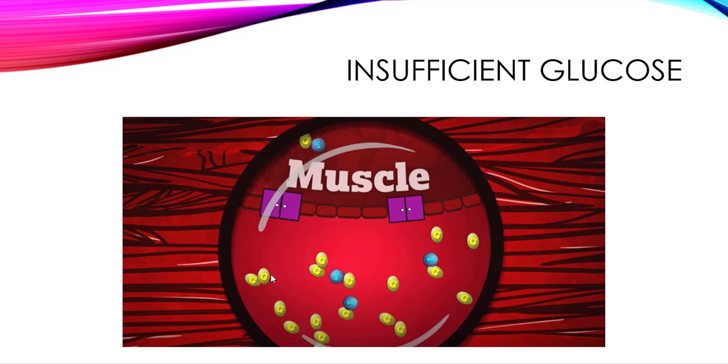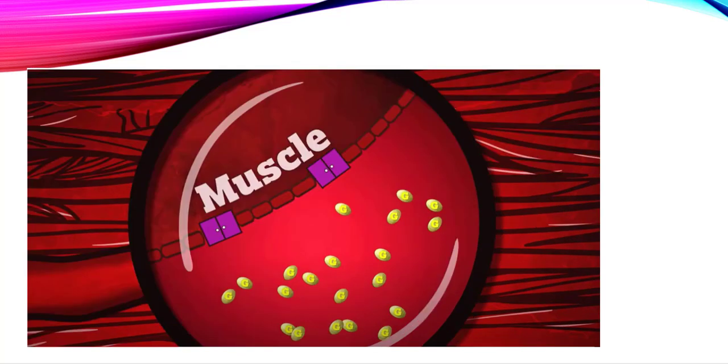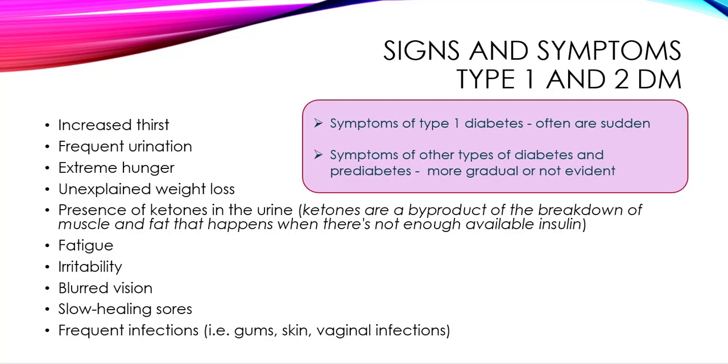And the other thing that happens is that glucose remains in the blood, causing high blood sugar levels. Or in type 2 diabetes, the pancreas will sometimes stop making insulin at all, and there is no insulin, so no keys for the glucose to be able to open the doors of cells and be used up for energy.